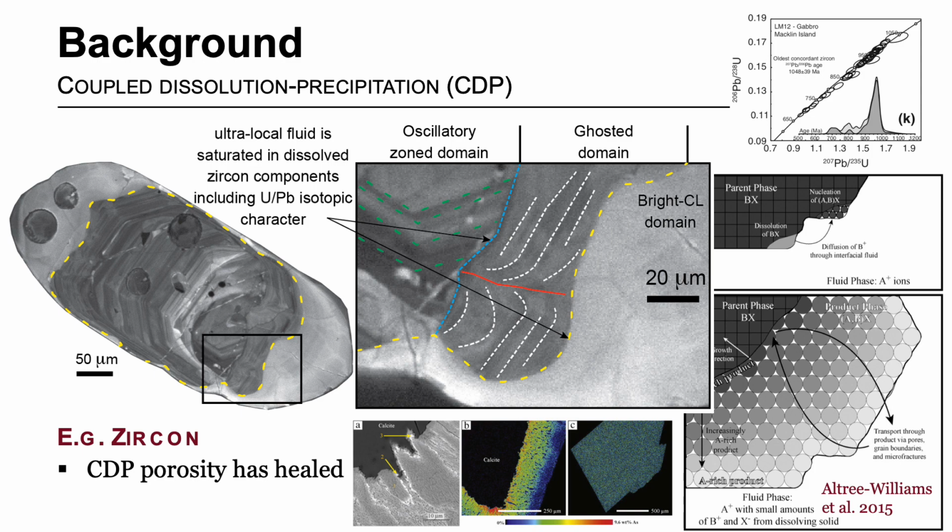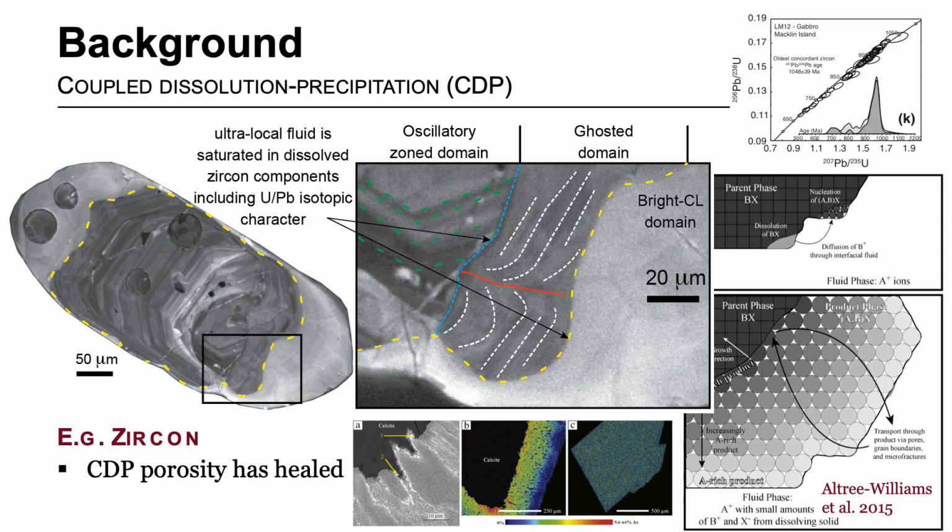Our new interpretation of these textures is that at the interface of the fluid-zircon reaction, the dissolution of those zircon components includes its uranium and lead isotopic character, such that when the new zircon precipitates in coupled dissolution precipitation, it inherits or partly copies that uranium-lead isotopic character. And so although the grain has been recrystallized, it's not resetting the age to 0.